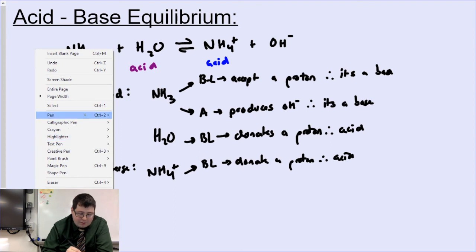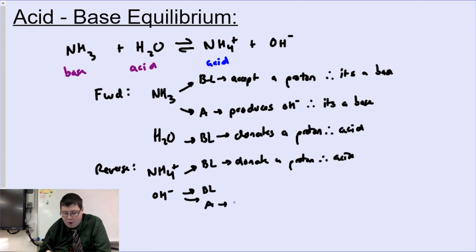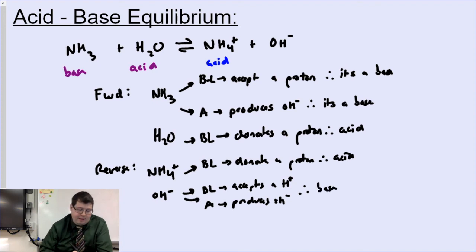And similarly, OH minus is an OH minus ion. And we know that bases produce OH minus ions in solution. And so if you think about it, either from Arrhenius, where it produces OH minus, or from Bronsted-Lowry, where it accepts a proton, it looks like OH minus is a base.